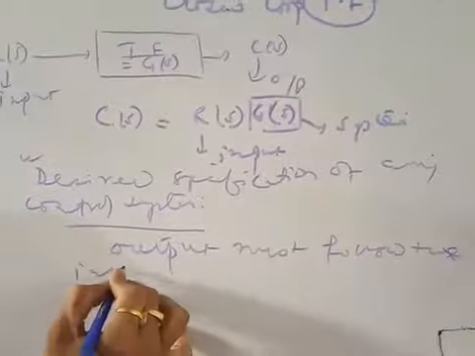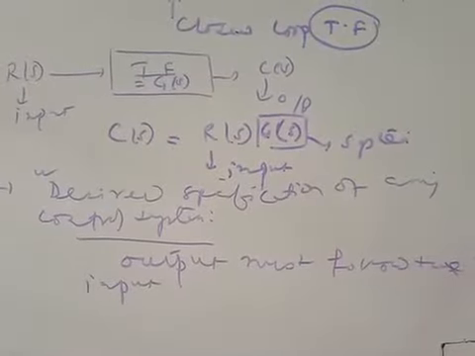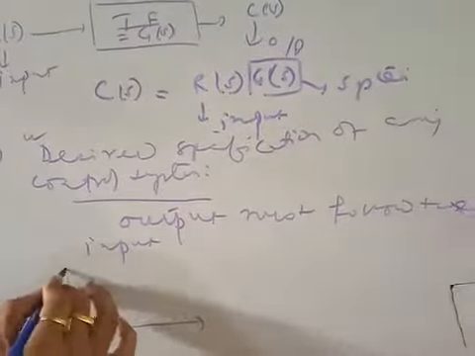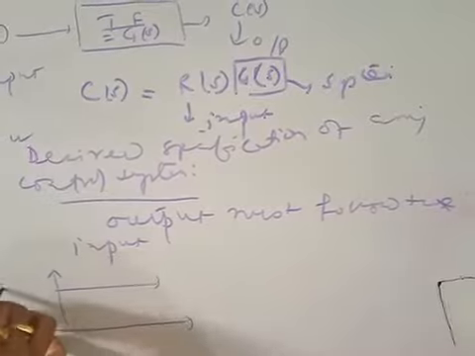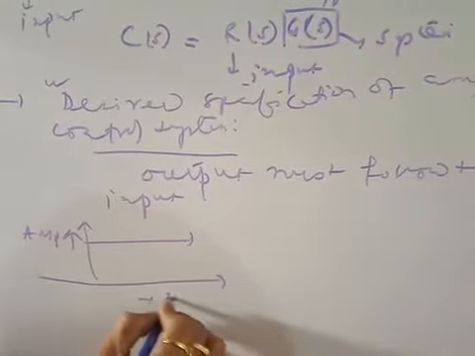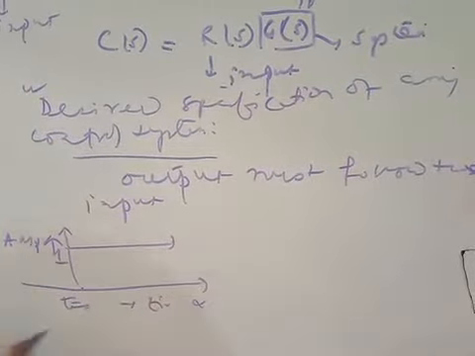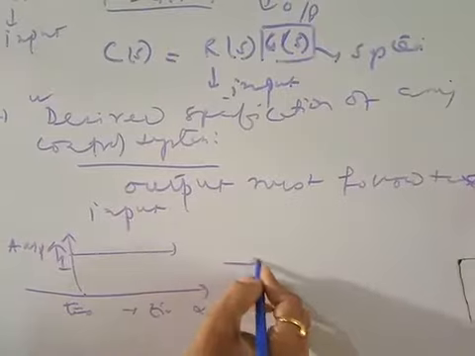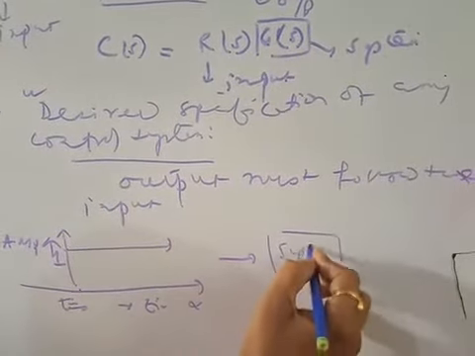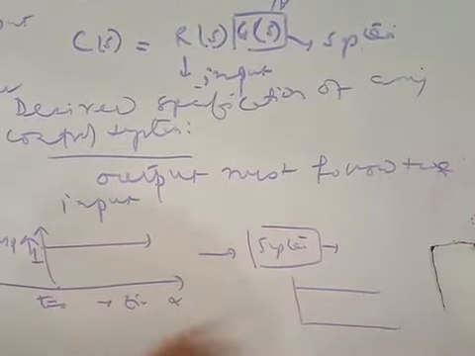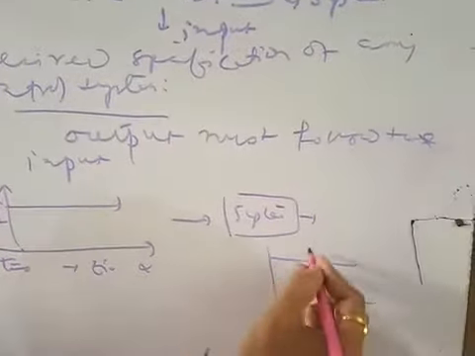For example, if you apply a step signal, this is your unit step signal, this is your amplitude and this is your time. For every value starting from 0 to infinity, you will be having 1. If this kind of input is applied to any system, then according to your desired specification, the output should be like this, with amplitude and time, starting at t equal to 0.